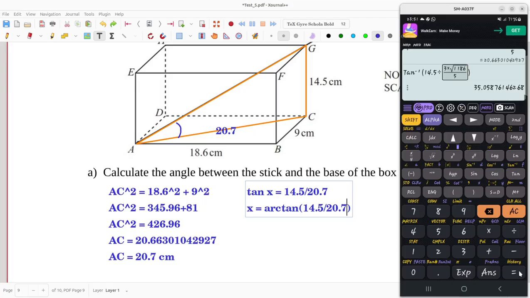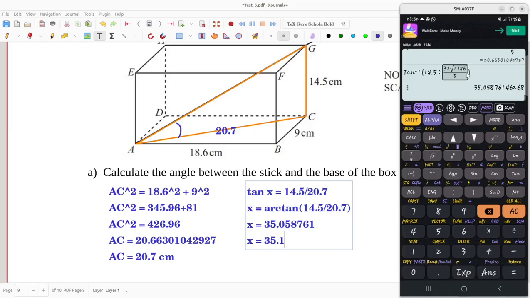Then just click equal. This is giving us x equal to 35.058761, which means that x will be 35.1 degrees.